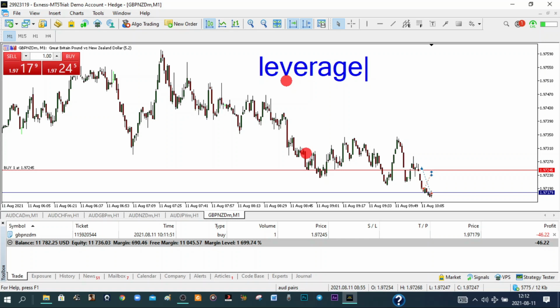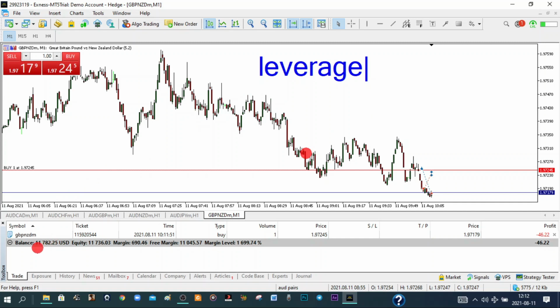Now, remember, we say that when you use a leverage of 1:100, it means that you are multiplying your account balance by 100, and that is the money you can trade. Now, for this account, if I'm still recalling, I think I used a leverage of about 1:1,000.